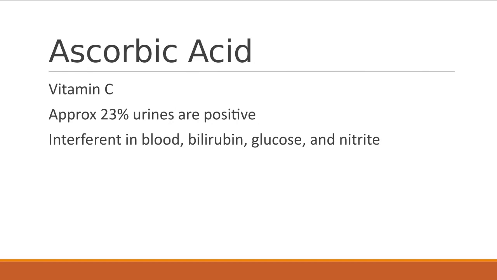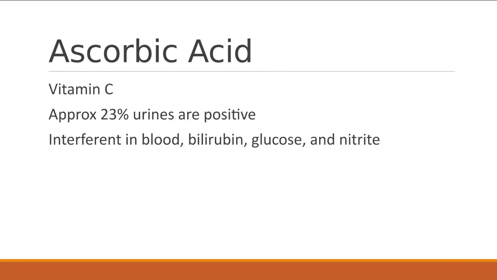Ascorbic acid can cause several different interferences. So this is one of the big ones that you want to go in and look at and figure out if it causes a false positive or false negative. Approximately 23 urines are going to be positive for it. This can be because, one, it could be in your diet.